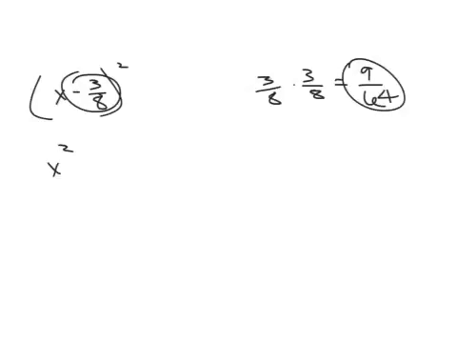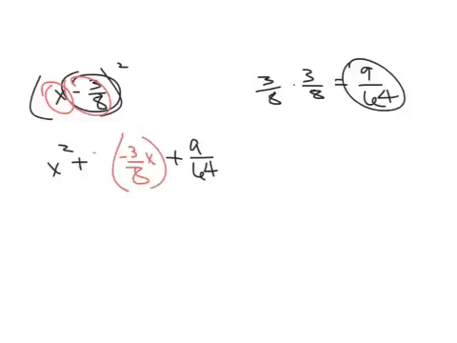Okay? So we'll put that over here. Plus, plus. Now we're going to multiply this times this. So negative 3/8, x, and then we're going to multiply that by 2. So x squared minus 6/8x, my 2's don't look like 2's, plus 9/64.